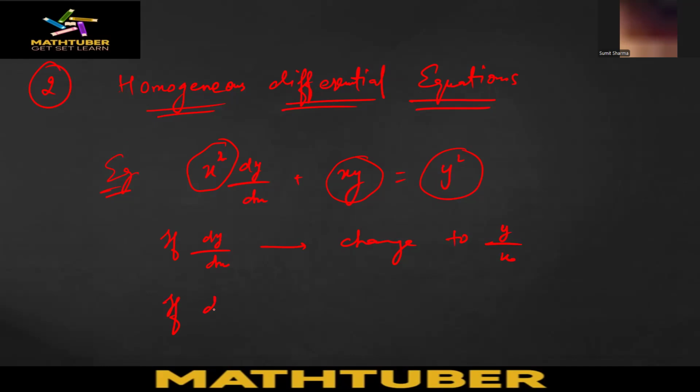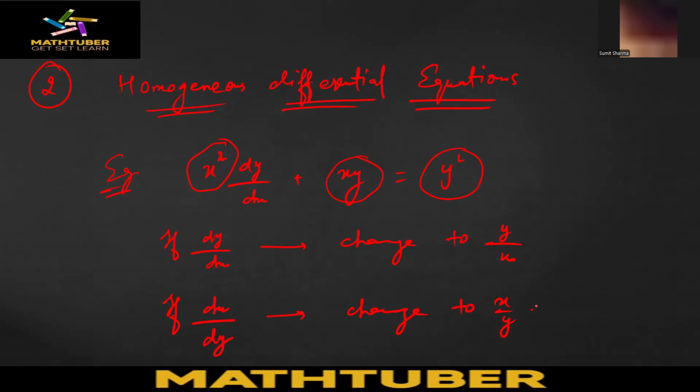And if in the equation it is given dx upon dy somehow, then we will change the equation to x upon y. And sometimes the equation is already converted into y by x or x by y form. So we don't have to do that step, right?